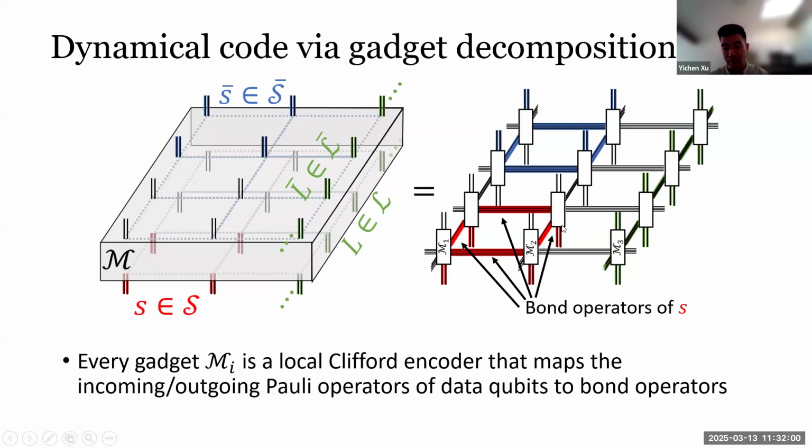The gadget will map the incoming or outgoing Pauli operators, which are part of the stabilizer, to the bond operators. So the gadget functions as a local encoder that maps incoming and outgoing Pauli operators to bond operators. We need to find a way to consistently assign bond operators, because you will have incoming X and incoming Z, and the bond operators have to reproduce their algebra, so that things can be consistently encoded.